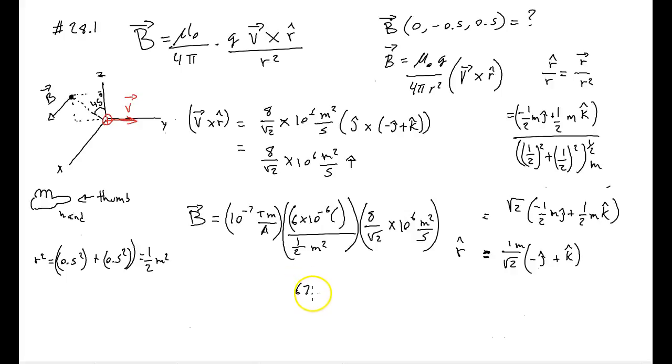Okay, 10 to the minus 7 times 10 to the minus 6 is 10 to the minus 13 times 10 to the 6, so that's back to 10 to the minus 7. And the units, let's see, each meter squared cancels with each meter squared. A coulomb per second is an amp, so an amp divided by an amp.